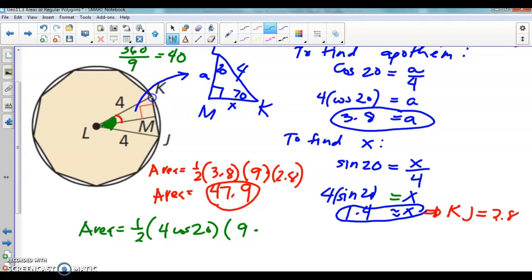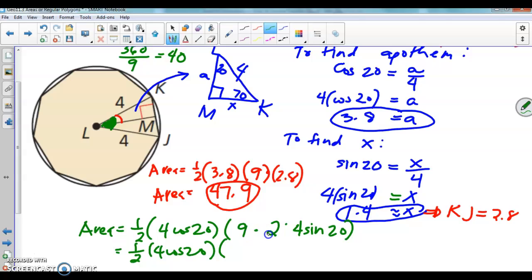You have to multiply that by 2 in order to get the whole side. So pretty much it's 9 times 2 times 4 sine 20.